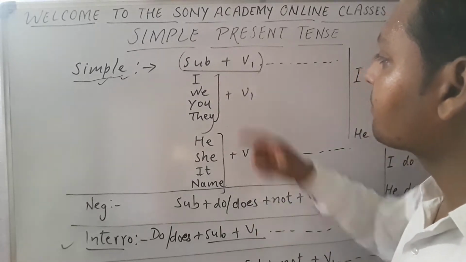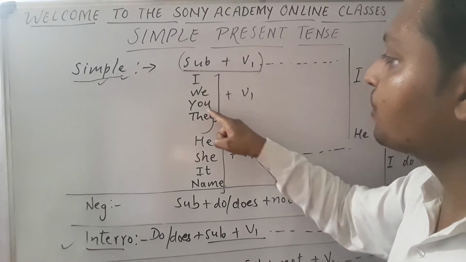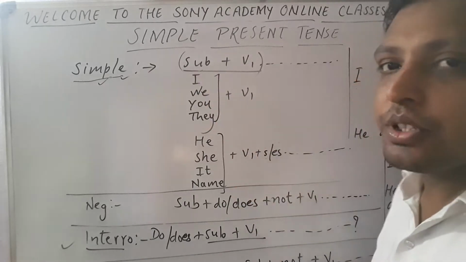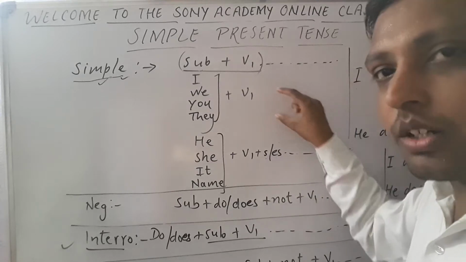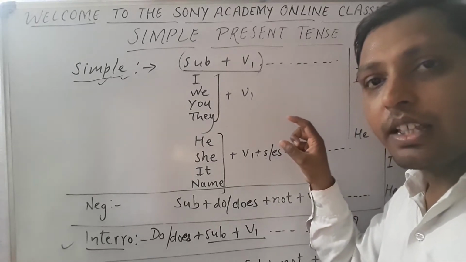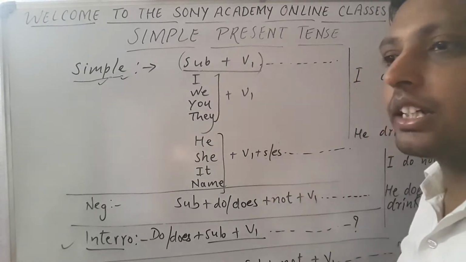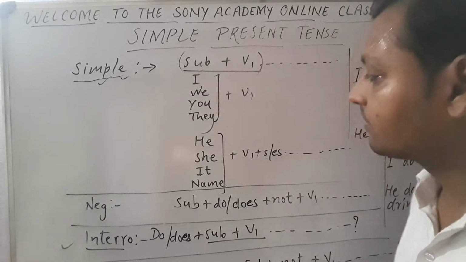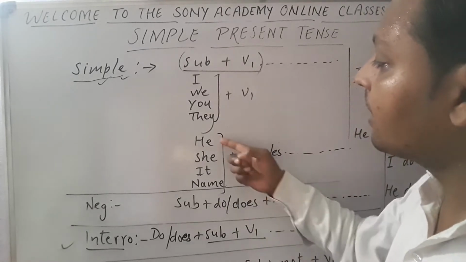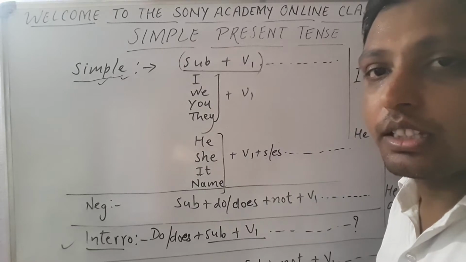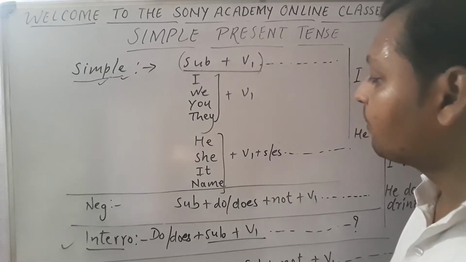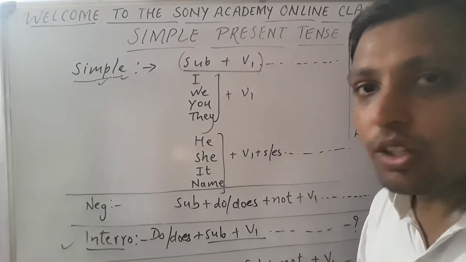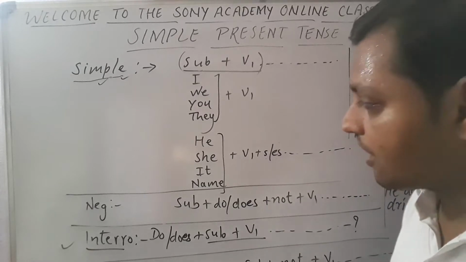If I use the subjects I, we, you, they, I need to put the first form of the verb only. The verb does not take s or es. But if the subjects are he, she, it, and name, the verb must take s or es added to it.